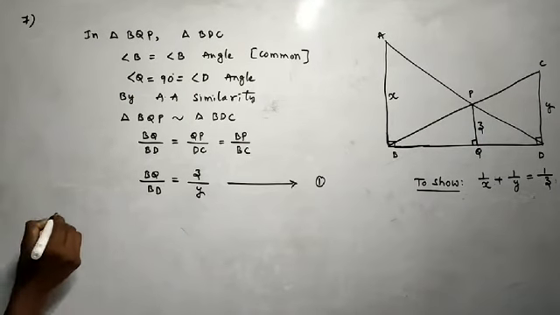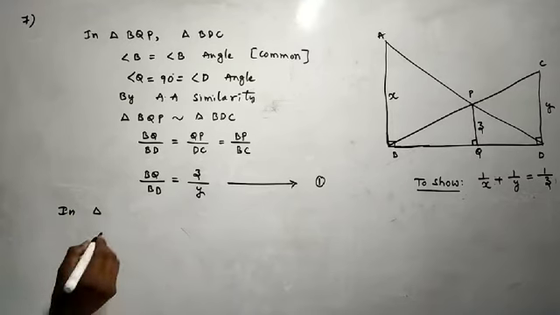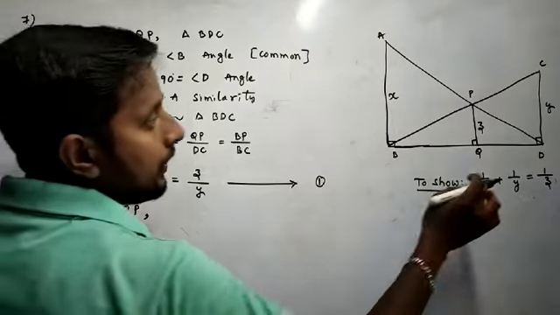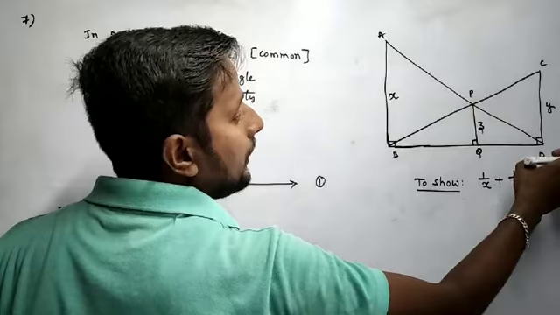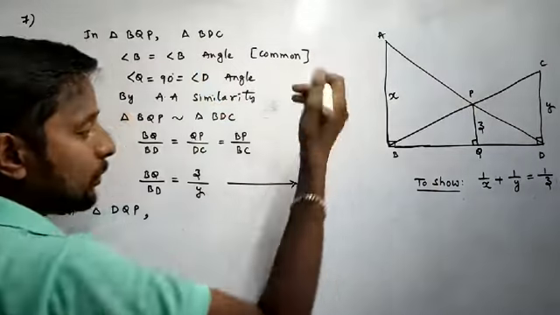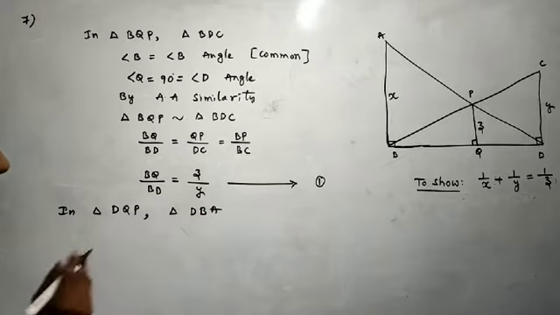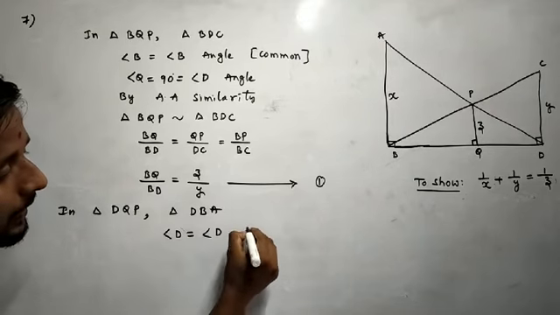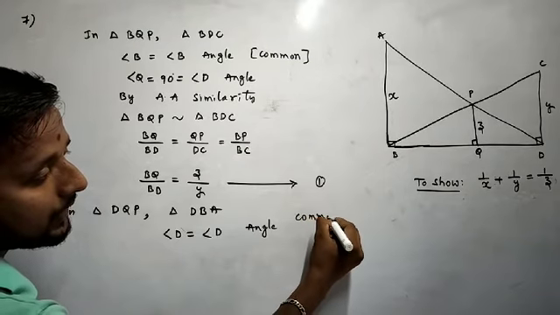Now the second pair of similar triangles: DQP and DBA. Here the same angle D is equal to angle D, a common angle for both triangles.